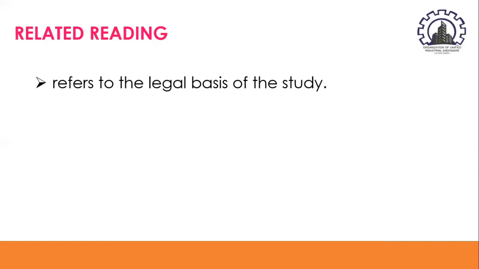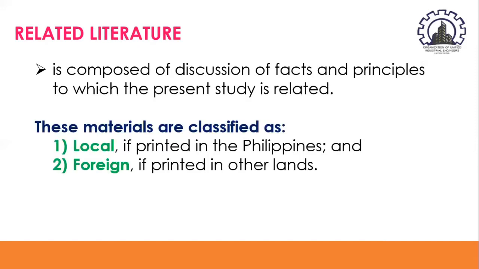And aside from that, we also have what we call related literature. And related literature is composed of discussions of facts and principles to which the present study is related. So, in order for us to better understand this, let me give you an example.